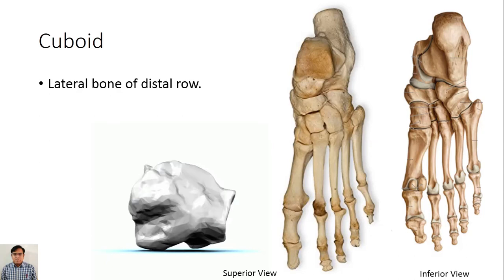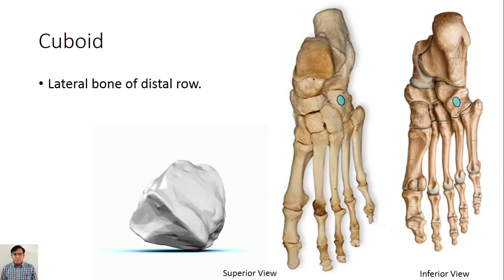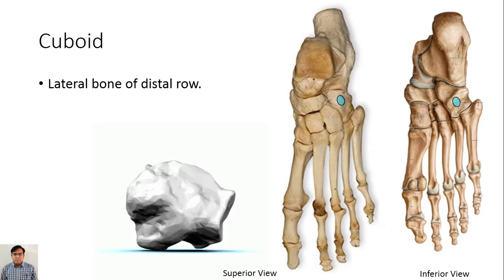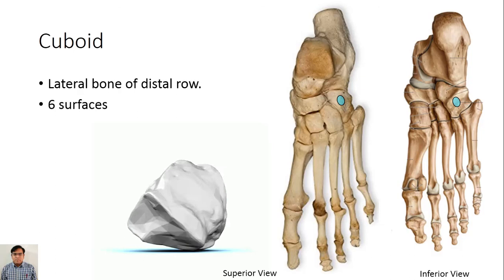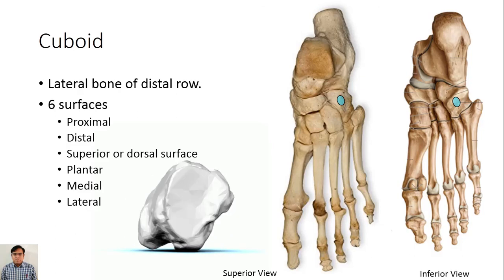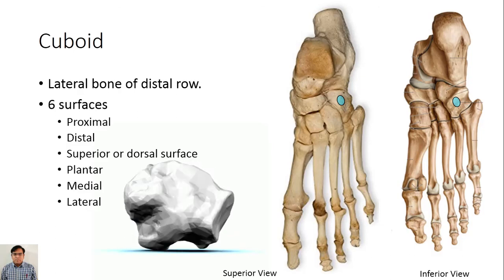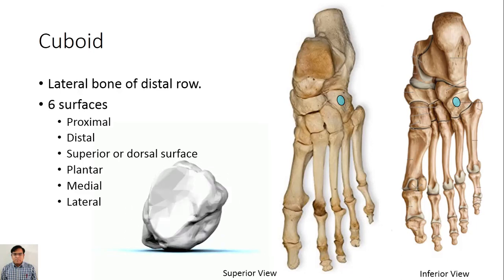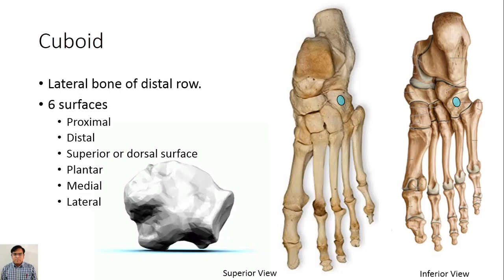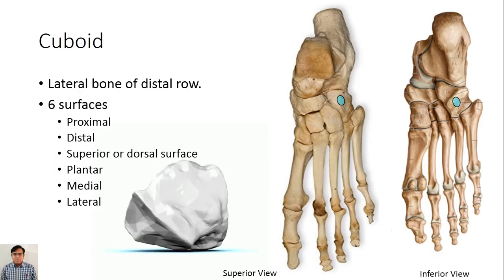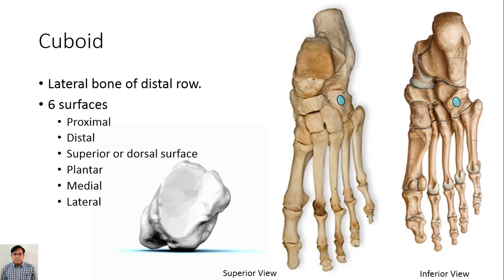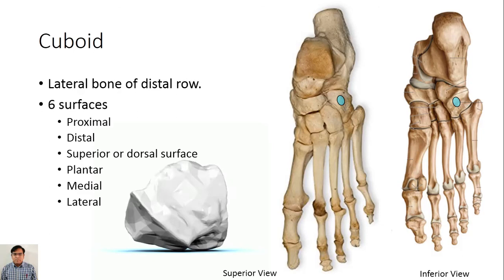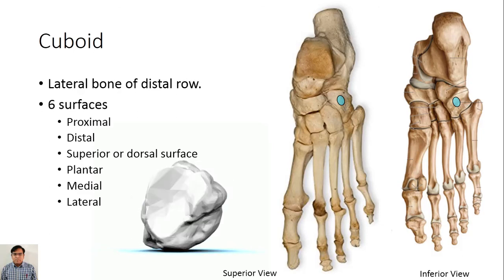In the superior and inferior views, the cuboid bone is shown by the blue oval area and has 6 surfaces: the proximal surface, which articulates with the calcaneum, the distal surface, which articulates with the lateral two metatarsals, the superior or dorsal surface, the plantar or inferior surface, then the medial surface and lateral surface.